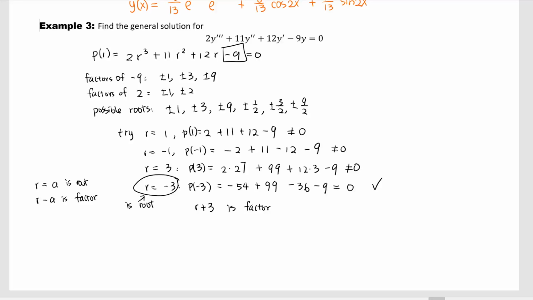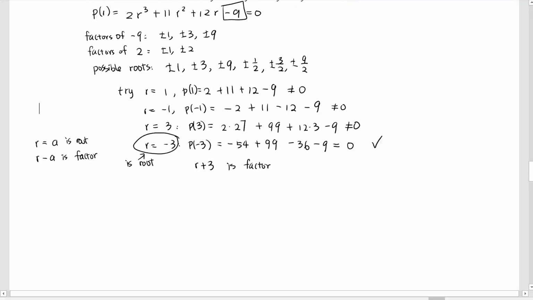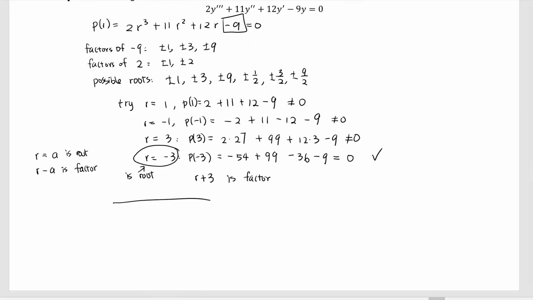So we can use the rational root theorem result and long division: 2r cubed plus 11r squared plus 12r minus 9 divided by r plus 3. What multiplied by r gives 2r cubed? 2r squared. And then 2 times 3, 6r squared.